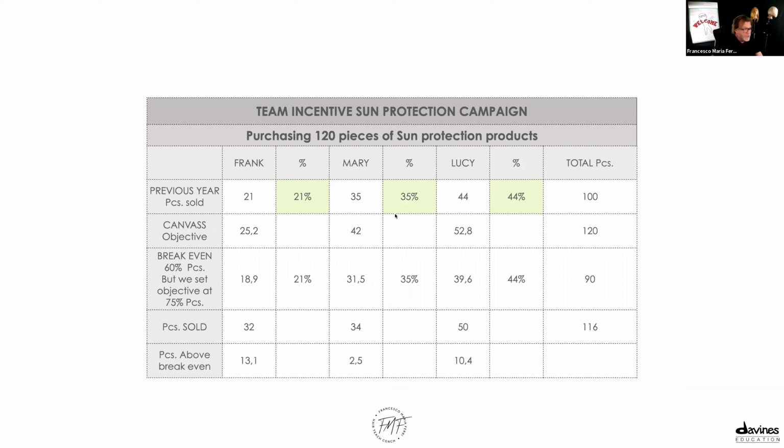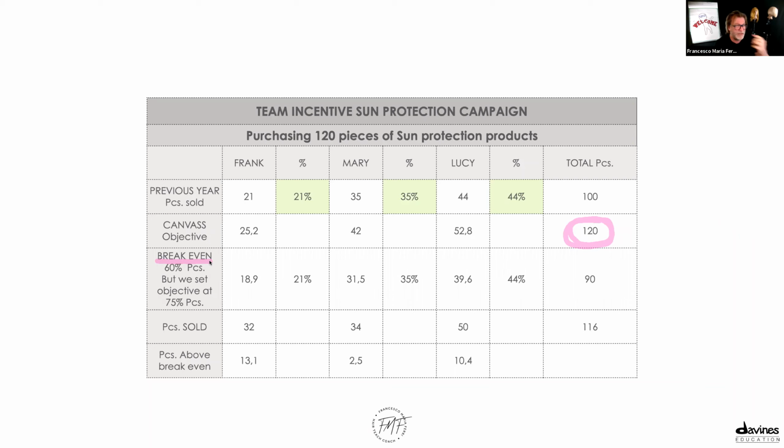Now, of course, my objective is to sell all the products. I'm a businessman, so I want to sell everything. But as usual in business, we do have a break even, which is the level below which I will lose money, and above that level I will start to earn money.